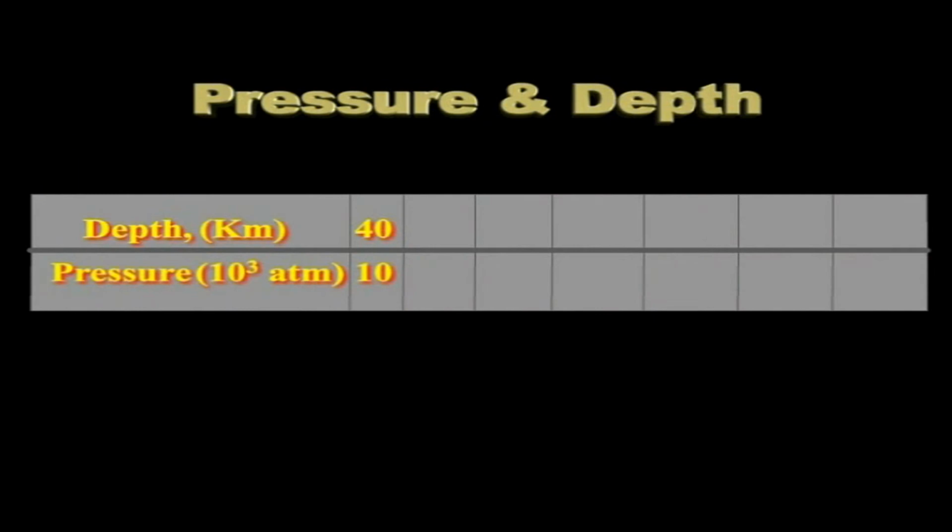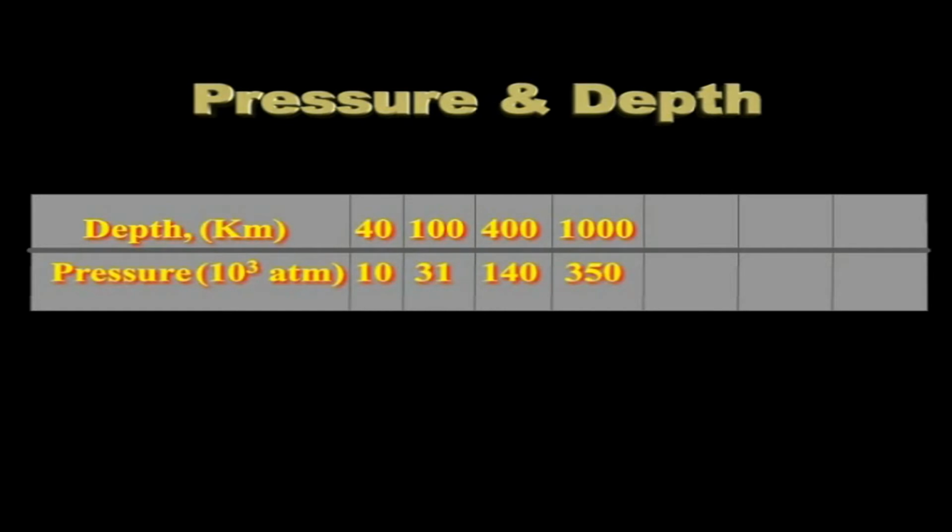There is another small table here which also gives how the pressure increases as the depth increases. It is given in terms equivalent to atmospheric pressure. Around 40 kilometers depth, it is around 10 atm. Around 100 kilometers, it is 31 atm. Around 400 kilometers, it is around 140 atm.